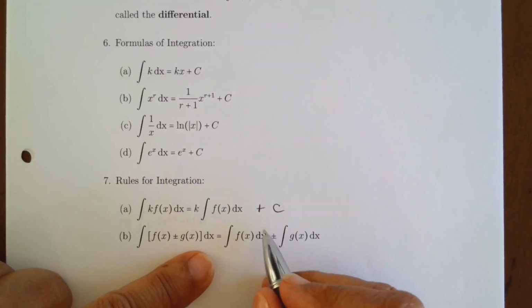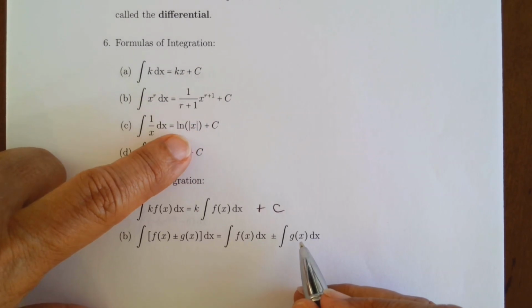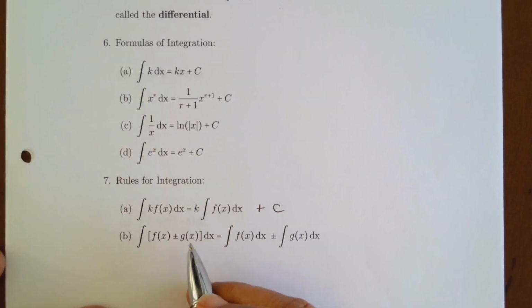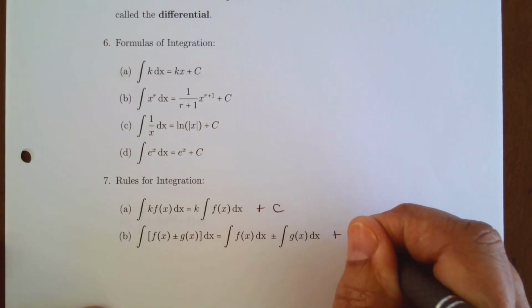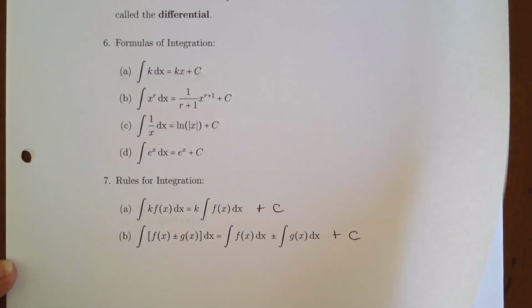So if you were doing this function and you did plus c, and then let's say g of x was this, you don't need 2 plus c's, okay? So when you're breaking up a power rule problem, you just make sure at the very end you only need 1 c. So you don't have to do it for each problem, okay? So just a c at the end, and we'll go through that and I'll explain that in just a minute. All right, so those are the only rules we're going to need today.